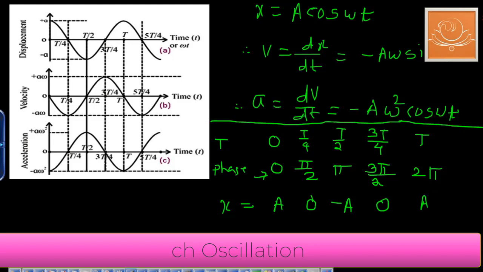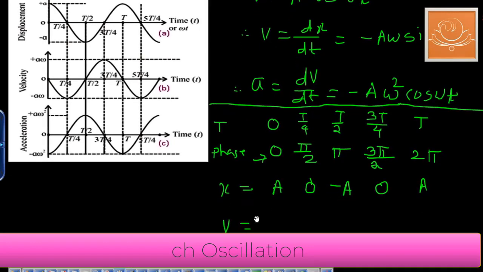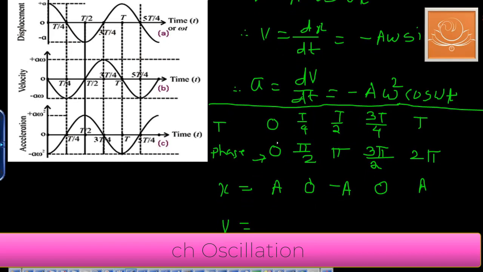Next, for velocity, and last we have to find the values for acceleration. Velocity is 0 at 0 phase, minus a omega at pi by 2 phase, 0 at pi phase, plus a omega at 3 pi by 2 phase, and again 0 at 2 pi.